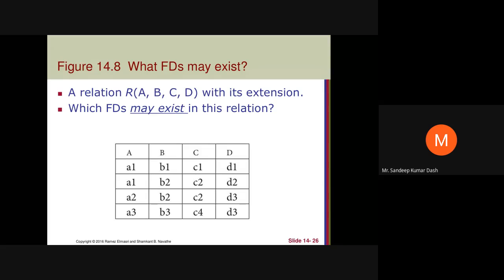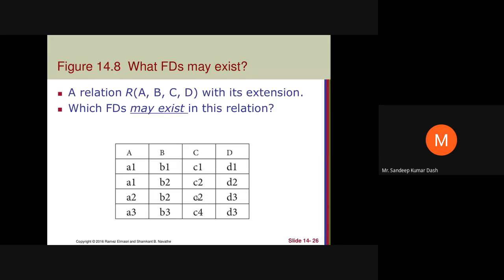So give your view on this. Which two attributes will have functional dependency? C and B. C and B will be yes. C and B will have functional dependency: C1 has B1, and nowhere else is C1 repeated, so this is allowed.